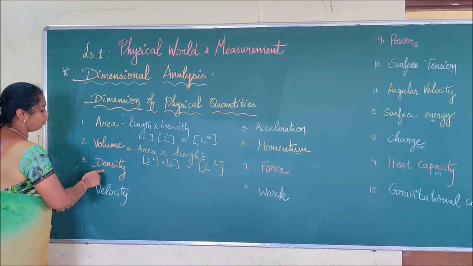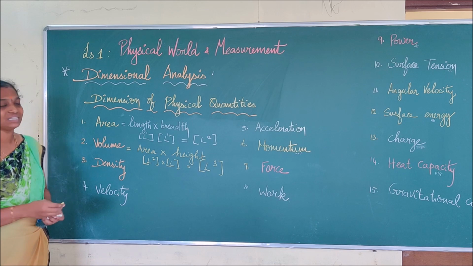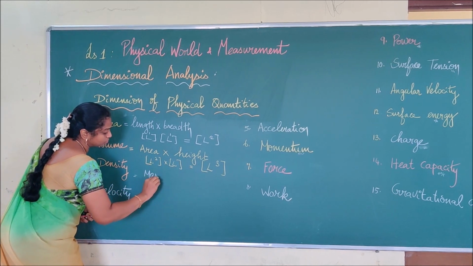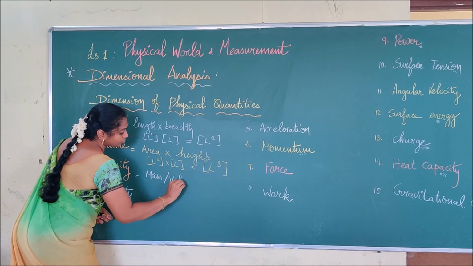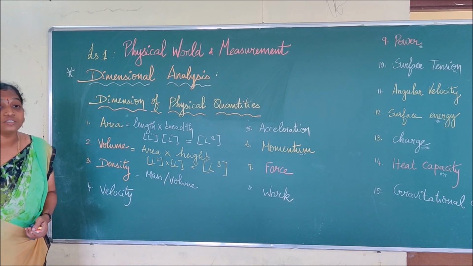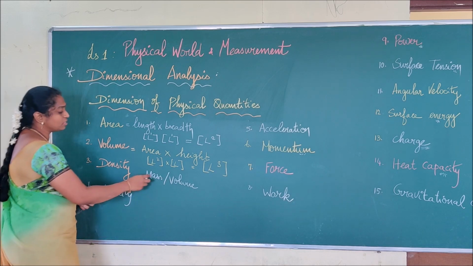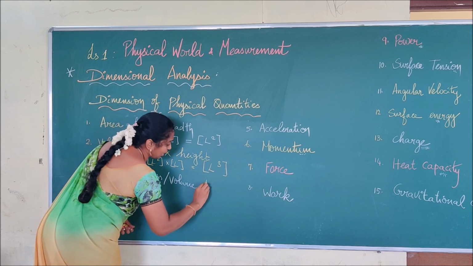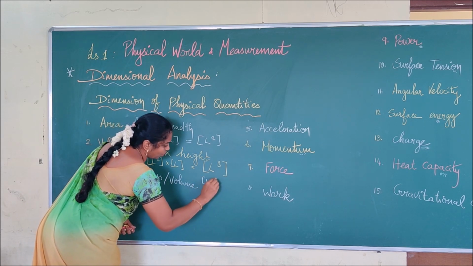Similarly, we are going to follow this for density. What is density? Density is nothing but mass by volume. So what is the formula for density? It is mass by volume. What is the value of mass? Mass is capital M, so we get capital M inside a square bracket.